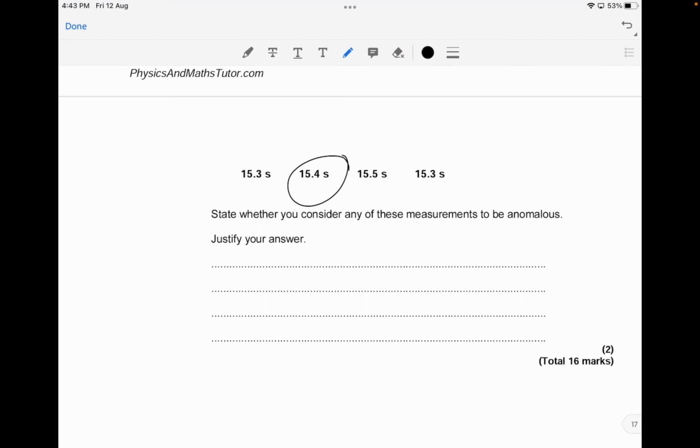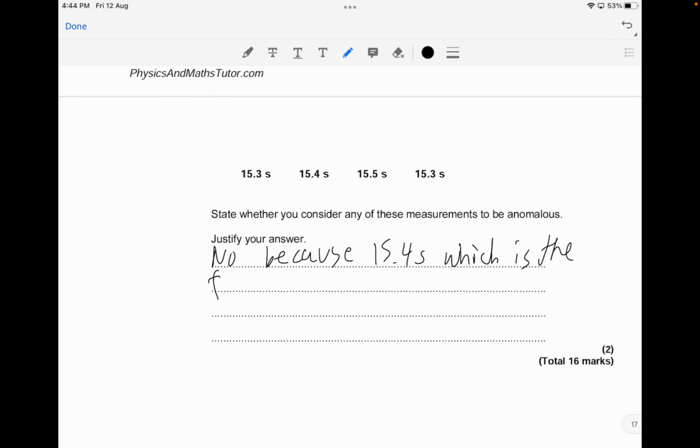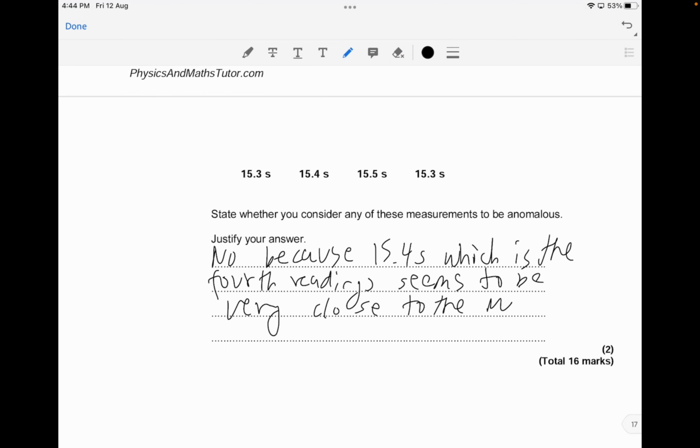So what we're going to say is that no, none of these measurements are anomalous, because 15.4 seconds, which is the fourth reading, seems to be very close to the mean in the table.